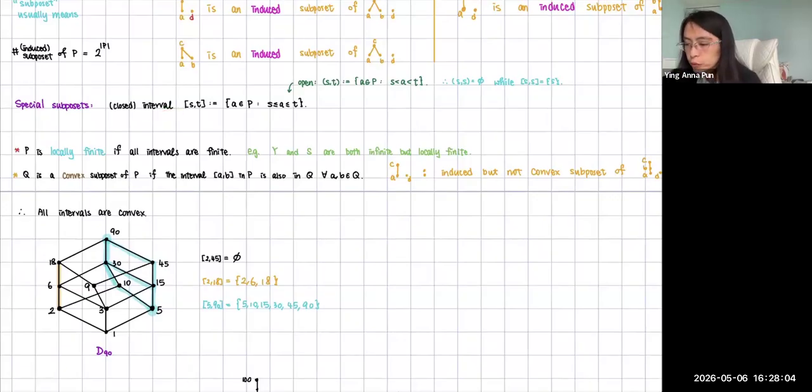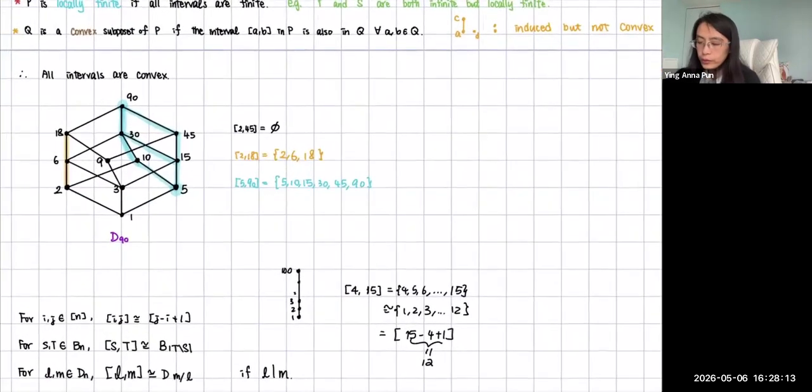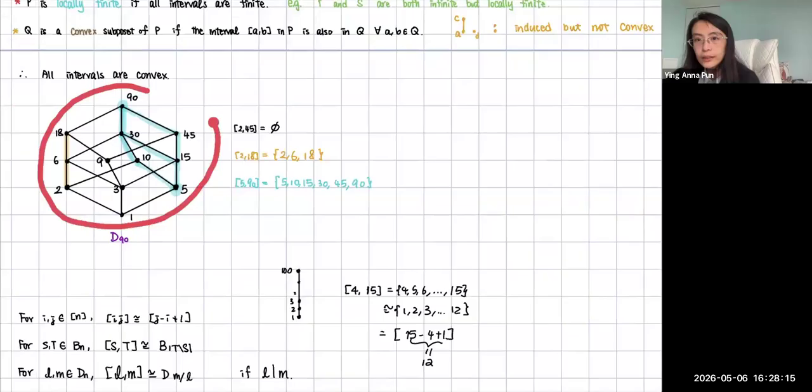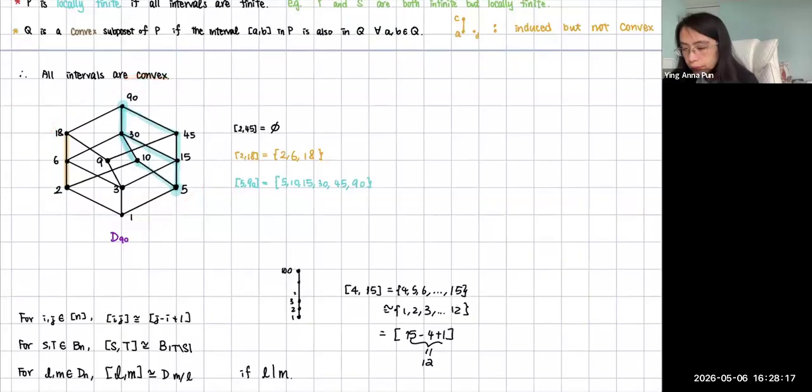For an interval, you give me two elements that are comparable, and they form an interval. For example, in D_90, you will see that 90 and 5 are comparable, and the interval is everything that is between them.